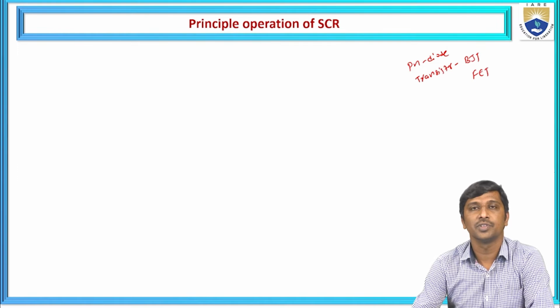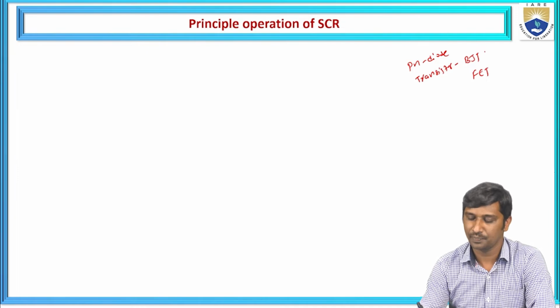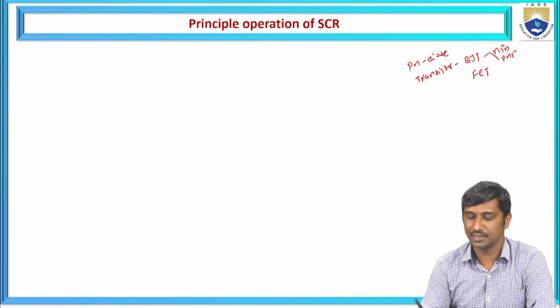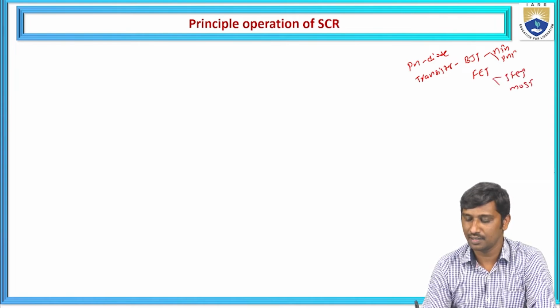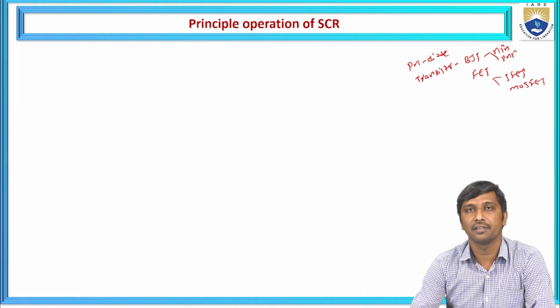We saw how to construct a normal PN junction diode and a BJT like an NPN or PNP transistor. In the case of FET, we observed the JFET as well as the MOSFET, metal oxide semiconductor field effect transistor.